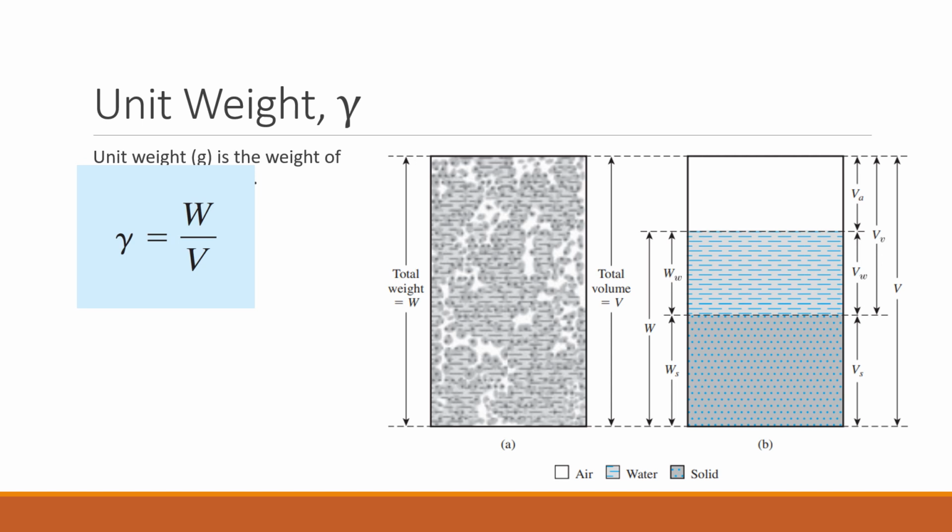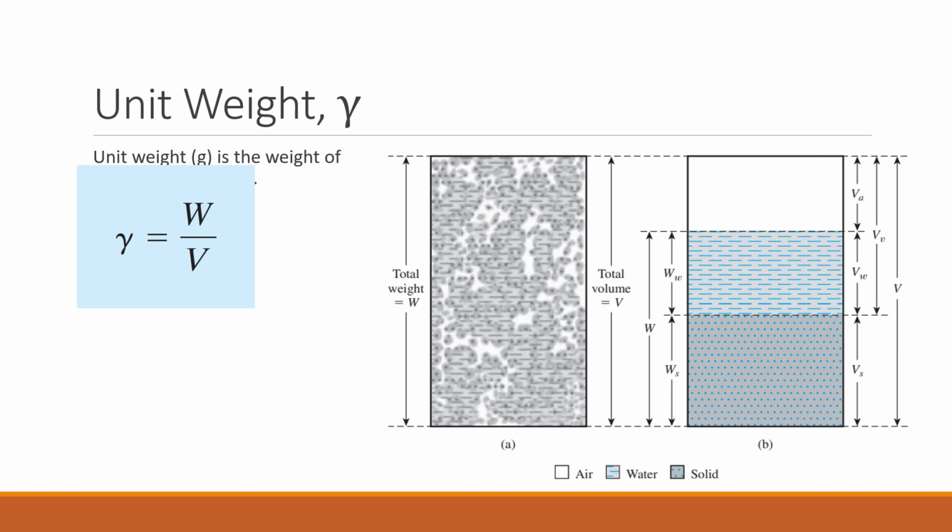So meaning it is the total weight of the soil sample per unit volume. So all you have to do is divide the weight of the total soil sample with its total volume. So that is denoted by gamma, no, unit weight.